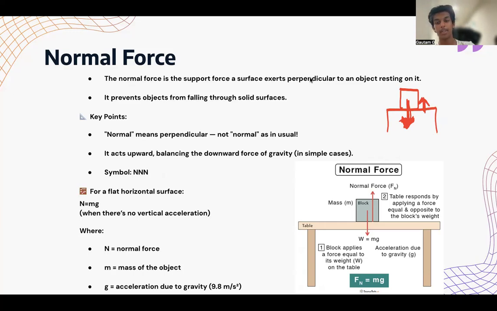If the block was applying a force on the table, but the table wasn't applying a force on the block, this block would just go right through the table. So what's keeping the box on the table is this normal force that opposes the box, right? Does that make a little more sense to you guys using the pictures?